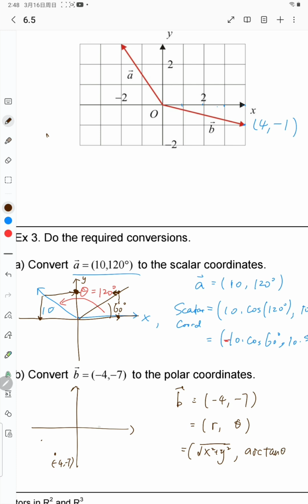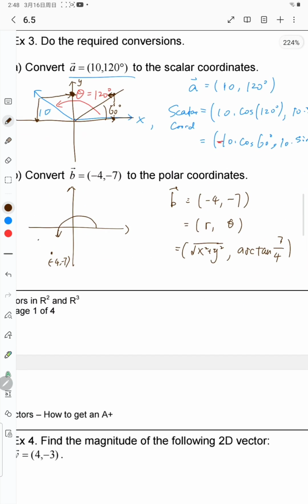And remember that from visualization we have that this is a very large angle, so be sure that it's larger than pi, right? So arctangent of y over x, so 7 over 4, something like this. And then if you have a calculator, you can calculate this, right?